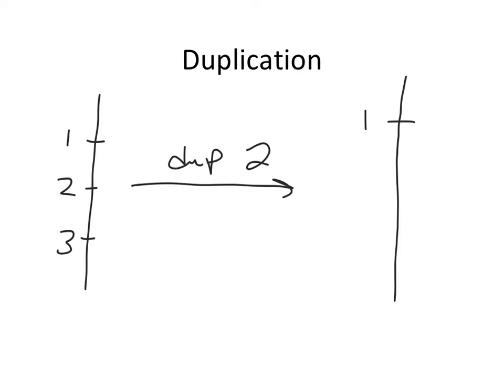So where do you want me to put the second copy of gene 2? Next to the first gene 2. So here, next to the original gene 2, that's fine. Could it go anywhere else? Could I draw it up there?